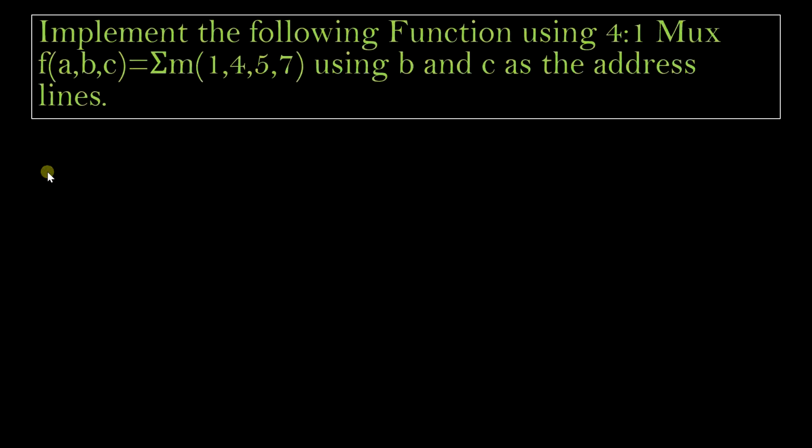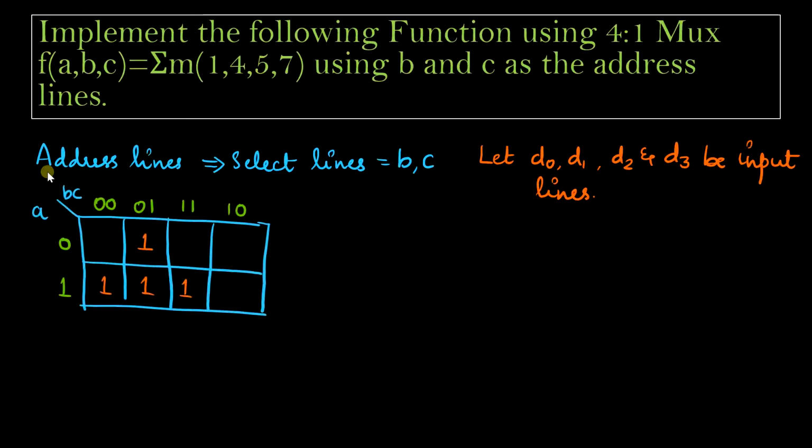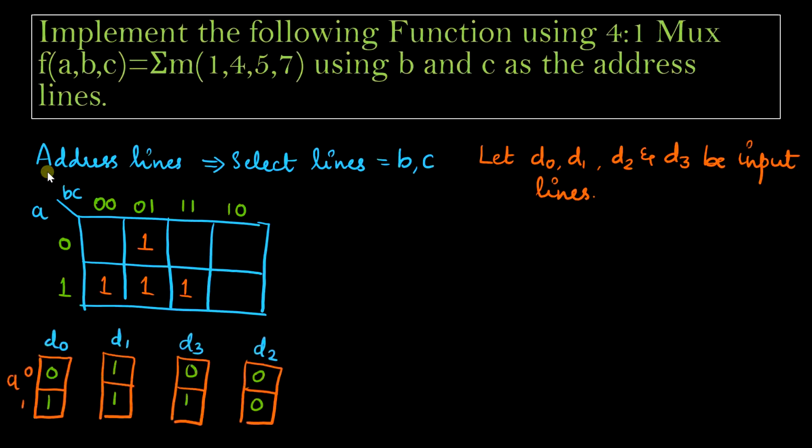Since they have mentioned B and C to be the address lines, I am going to consider the address lines and D0 to D3 to be the input lines, draw the Karnaugh map for the minterms, and consider D0, D1, D3 and D2. Wherever you don't have the minterms being mapped, I am considering it to be equal to 0 so that it is easy for me to represent.